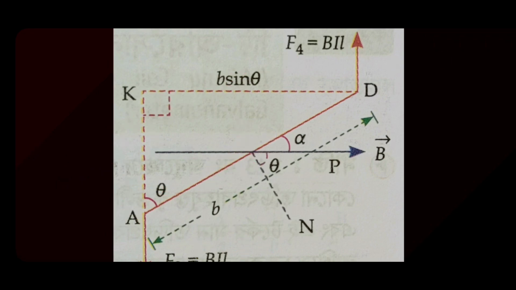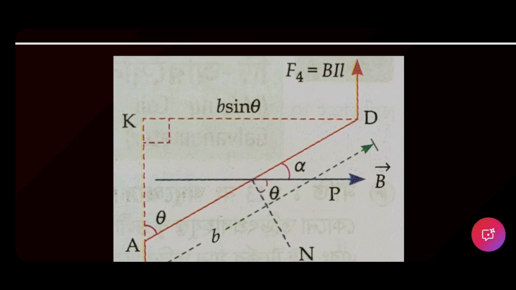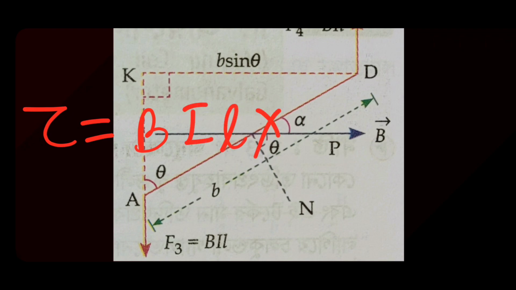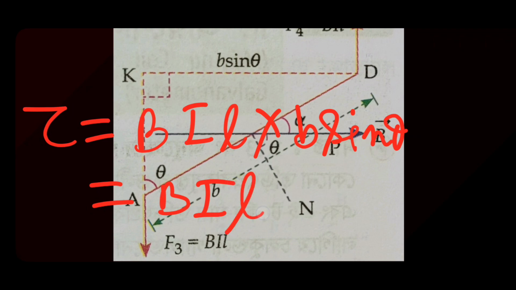Now to calculate torque, we will take the magnitude of the force and the perpendicular distance between the two forces. So the magnitude of the force is B I L and the perpendicular distance is B sin theta. Okay. So what we get? Torque is B I L B sin theta.